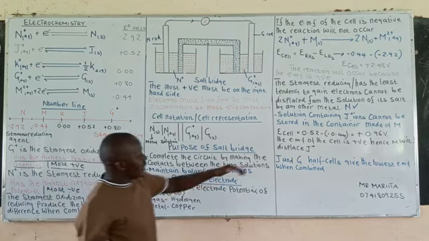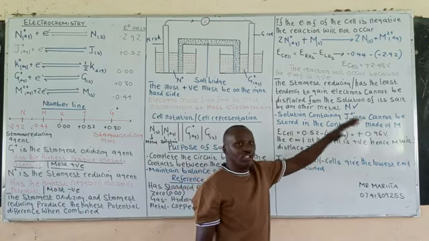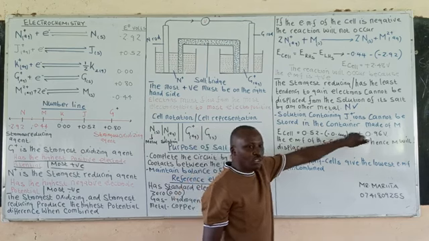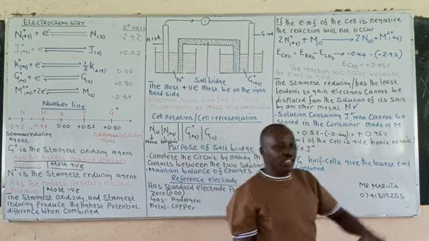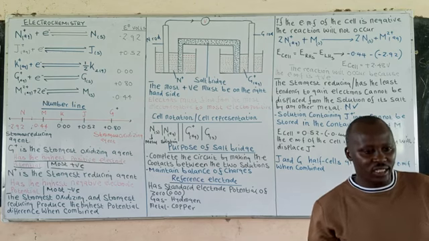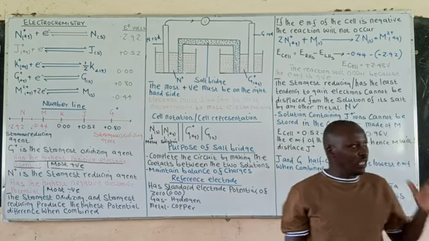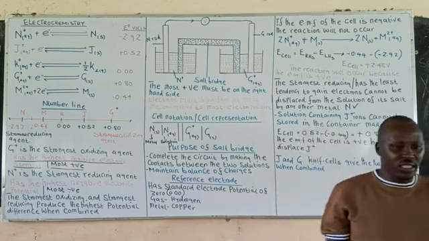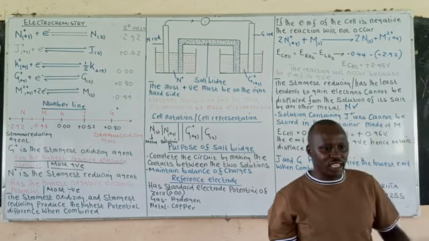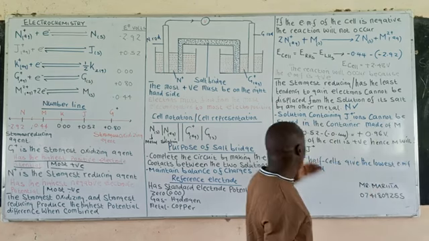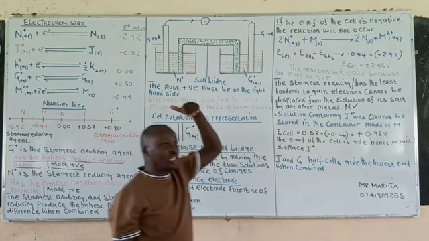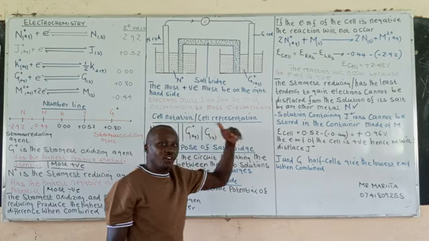What will you have? That one will give us positive 0.96. It is positive, it means that the reaction will take place, and therefore M is a stronger reducing agent than J. And that means the solution of J cannot be stored in a container made of M.